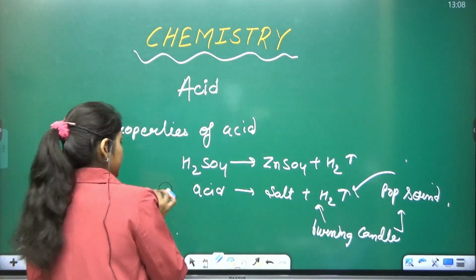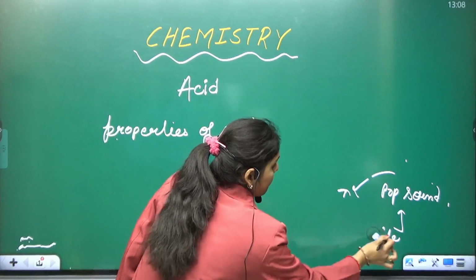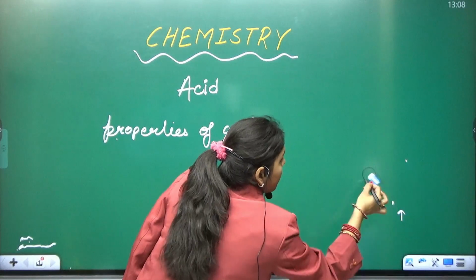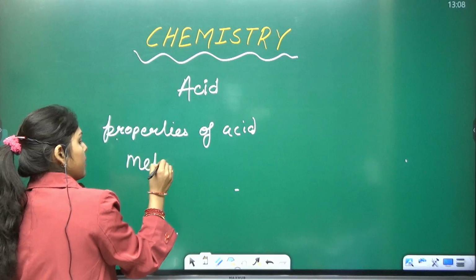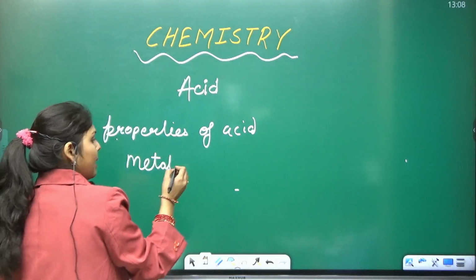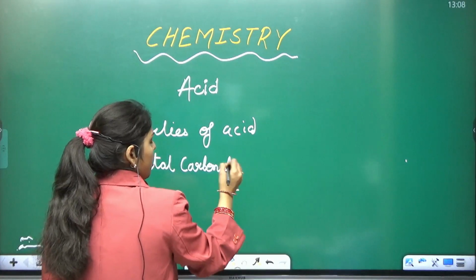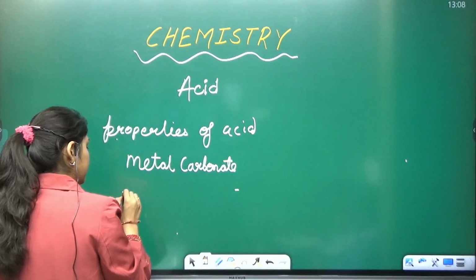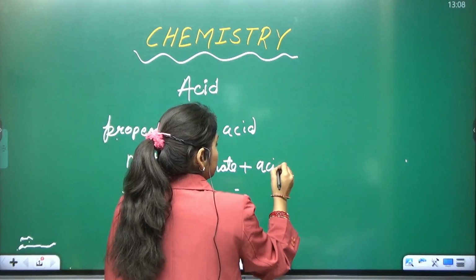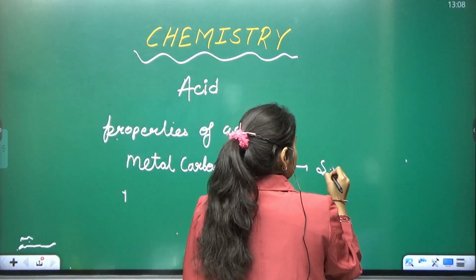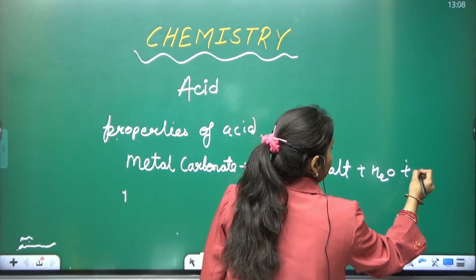The third property is, metal carbonates or metal hydrogen carbonates on adding acid give salt, water and carbon dioxide. How?